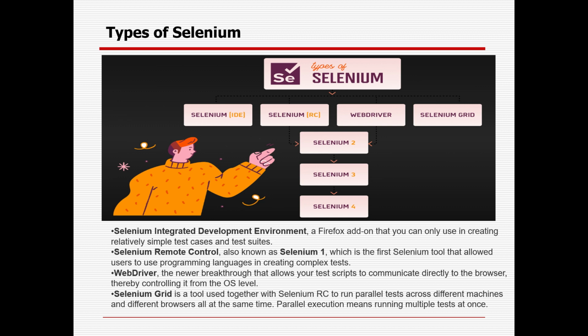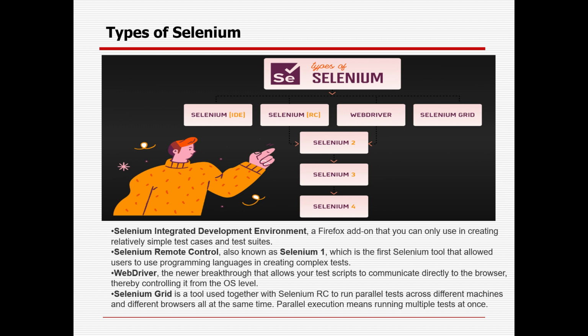The types of Selenium. When Selenium came into the market, it was Selenium IDE or Selenium Integrated Development Environment, which was a Firefox add-on through which you can create relatively simple test scripts and test suites using a play and record mechanism. But nowadays nobody is using it. After that, Selenium RC or Remote Control came into the market.